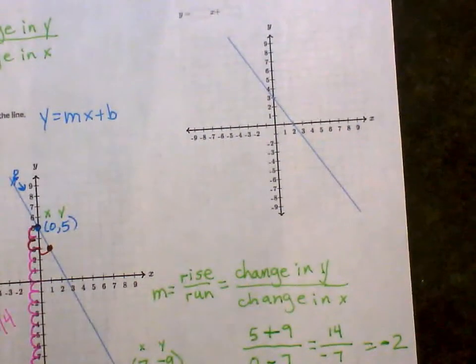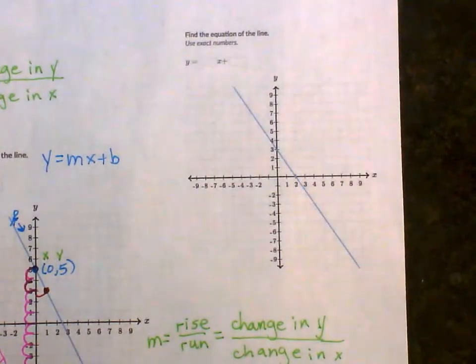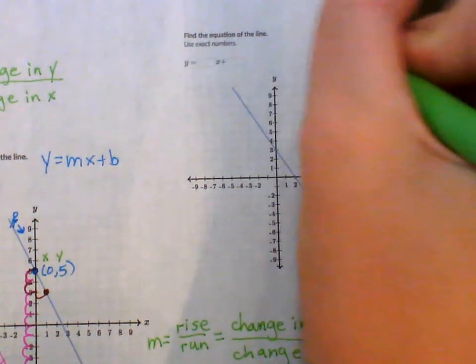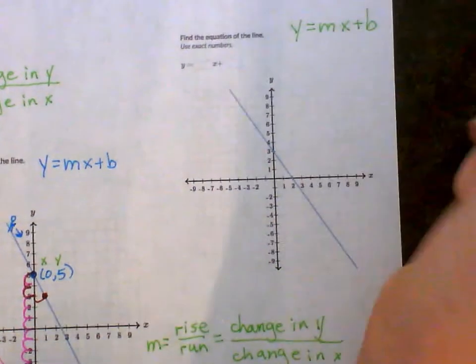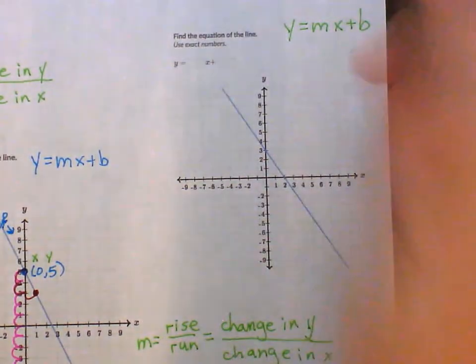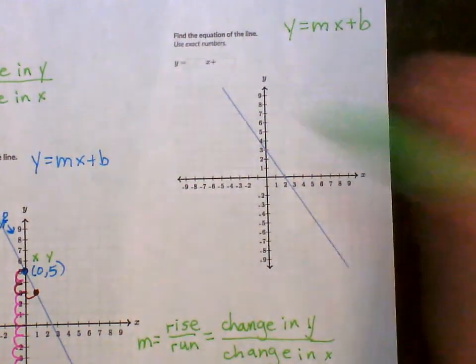All right, the last one we're going to do together. So here's our graph. So write the equation for the line. So write the linear equation in y equals mx plus b form. M is our slope, b is our y-intercept. So start off with y-intercept.